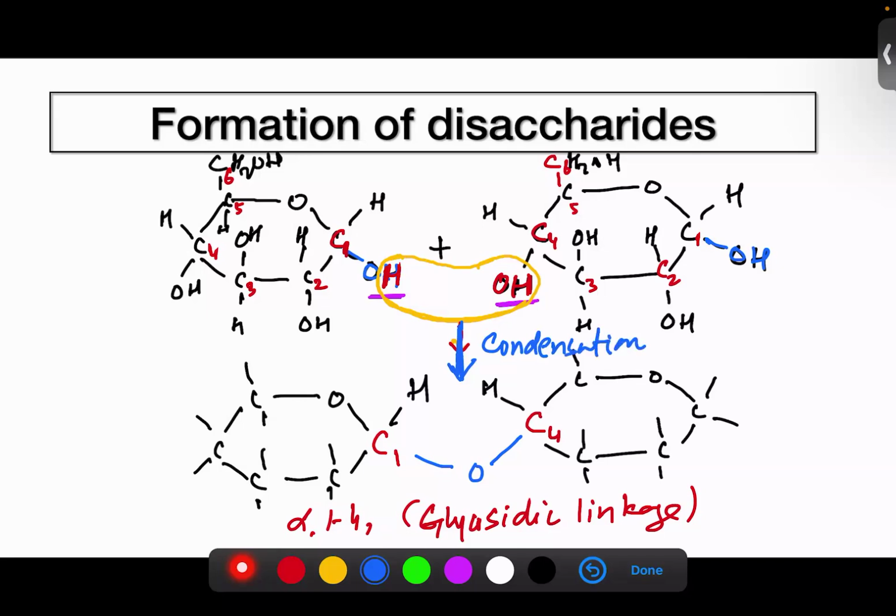The opposite of it is known as hydrolysis. So disaccharides can also be defined as molecules which can be hydrolyzed into 2 monomer units.